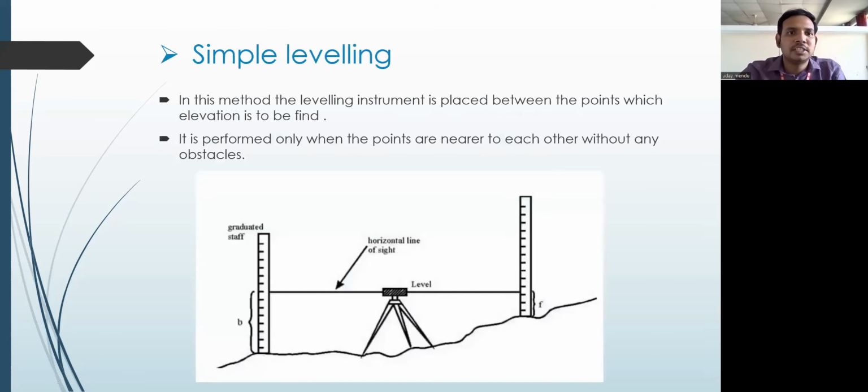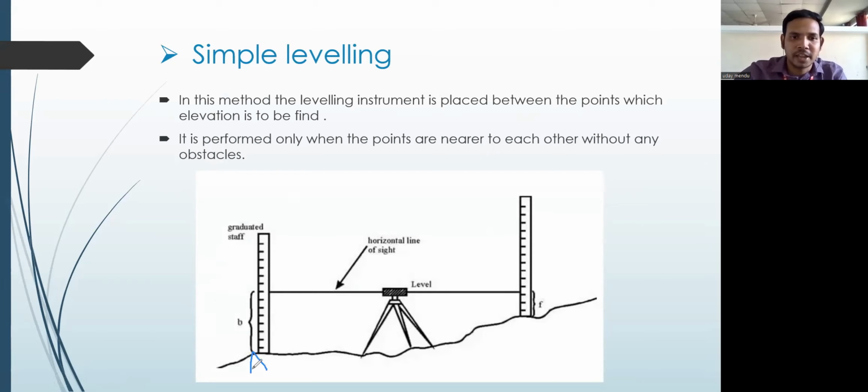Okay, the first one is simple leveling. In this method, the leveling instrument is placed between the points whose elevation is to be found. It is performed only when points are near to each other without any obstacles. If you see here, we have 2 points.